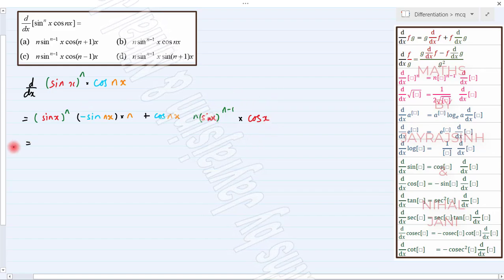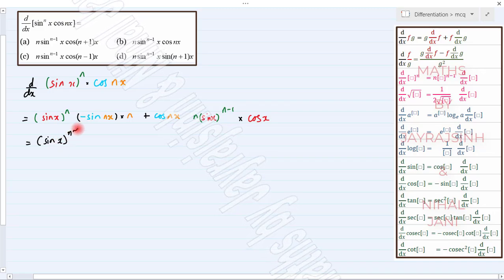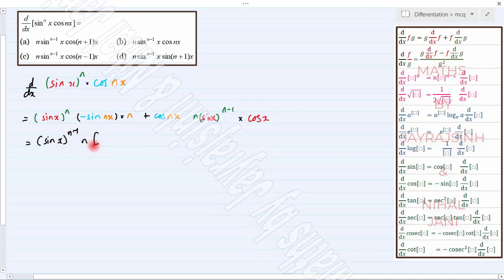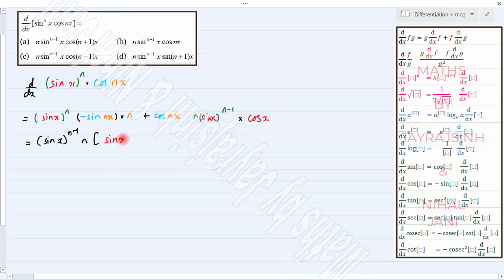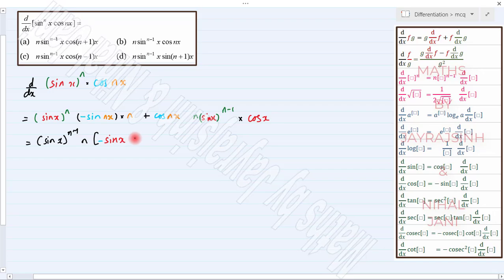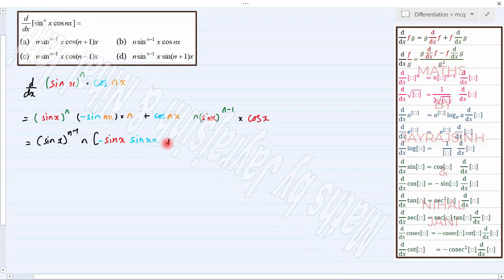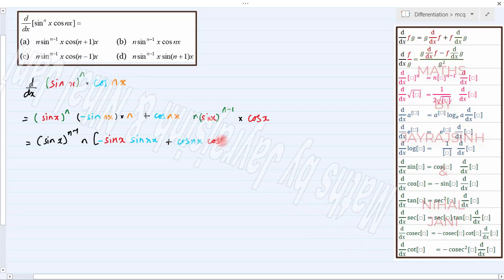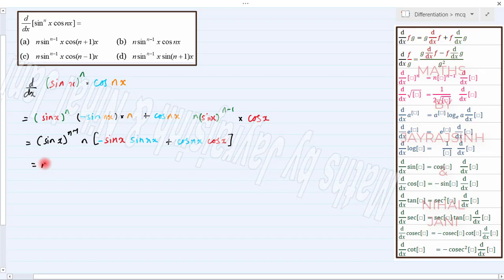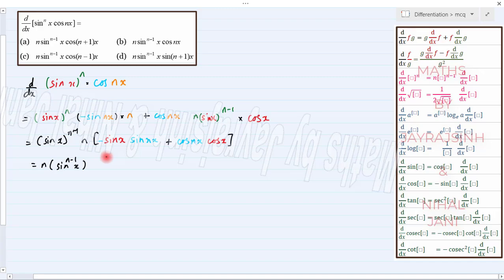For further simplification, we can take sin x raised to n minus 1 into n common. So from first term, remaining term will be 1 power of sin x and minus sin nx. And from second term, remaining terms are cos nx and cos x. So your n sin x raised to n minus 1 will be as it is.